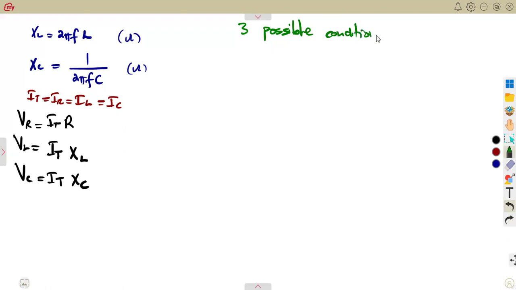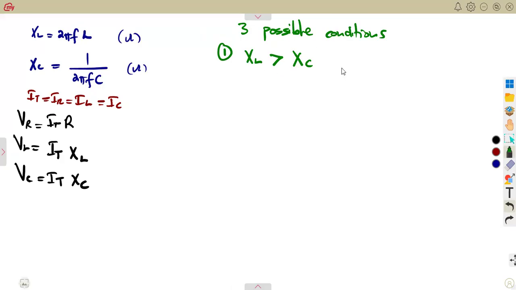Remember, from N3, we talked about this: we can have XL being greater than XC. That means our circuit is mainly inductive.